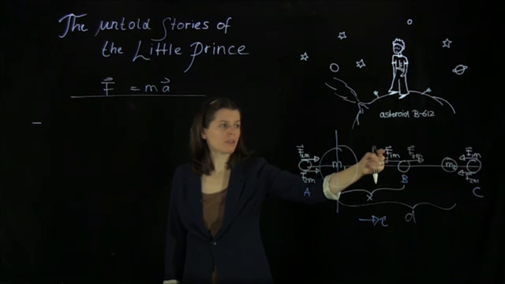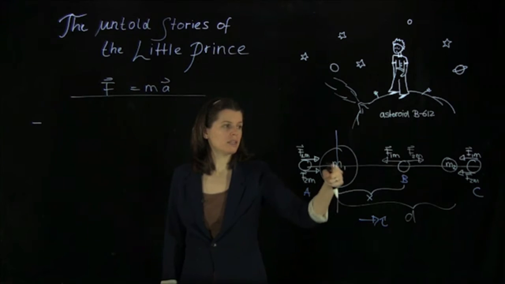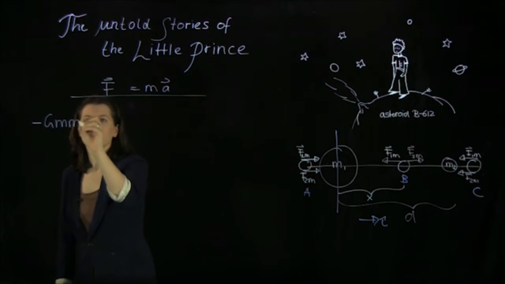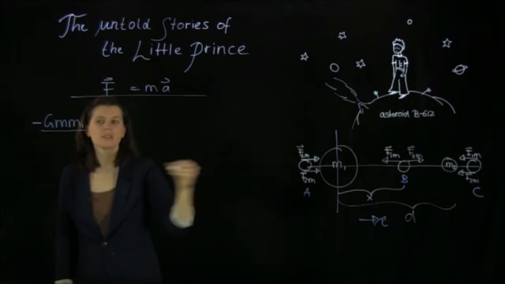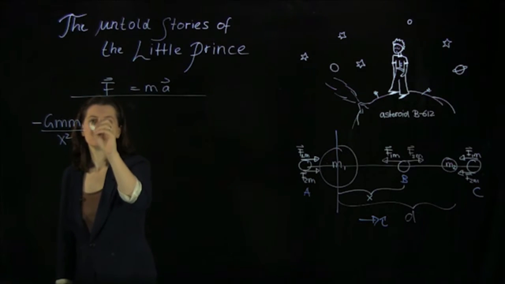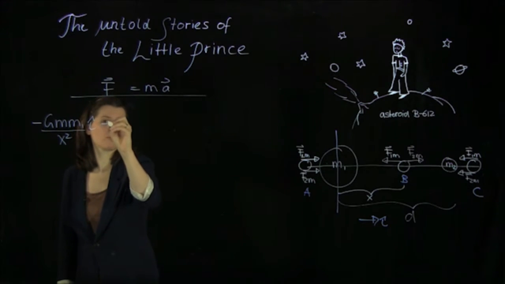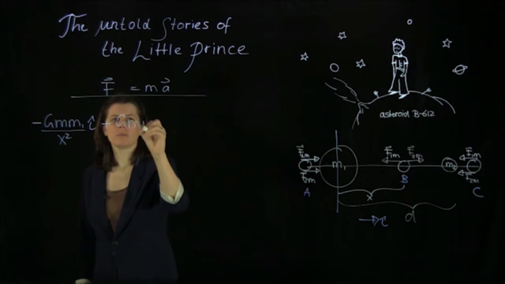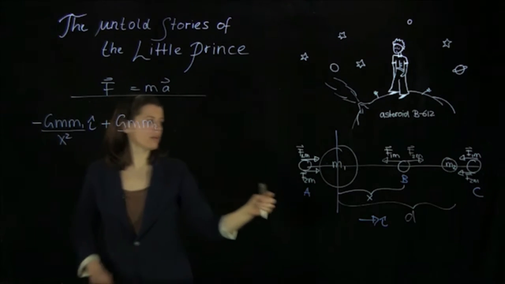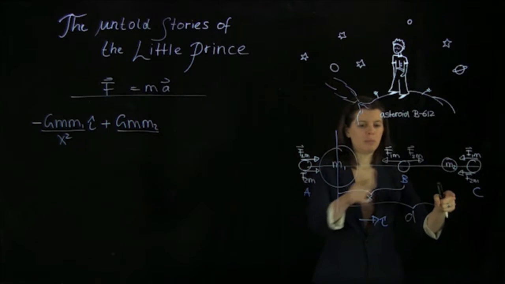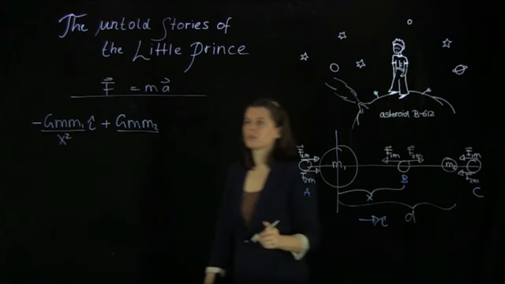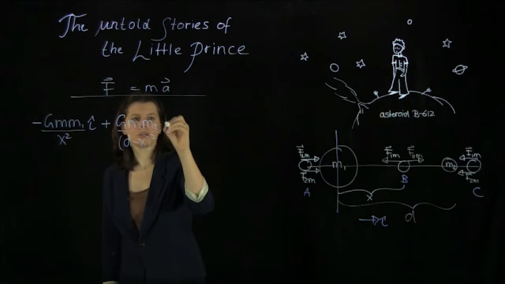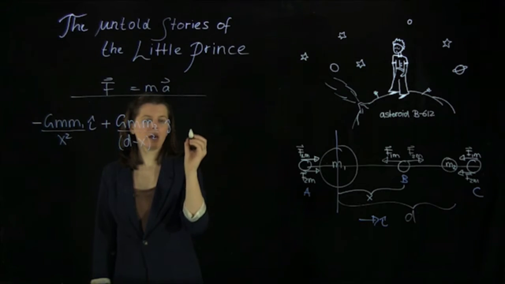If we start with F1m, that goes in the negative i hat direction, so minus G m m1, and the distance is x squared in the i hat direction, and then the other one goes in the plus i hat direction, and we have G m m2, and now we have d minus x gives us this portion, d minus x squared, also in the i hat direction.